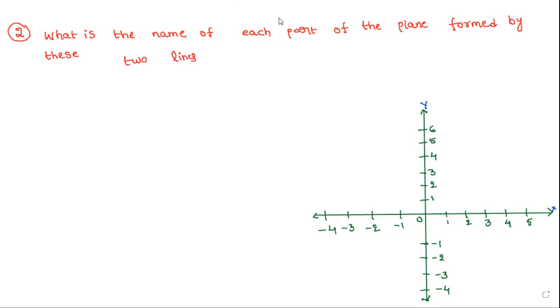Please observe, this is called the y-axis and this is called the x-axis. So what is the name of each part of the plane? The first part is called the first quadrant, quadrant 1.